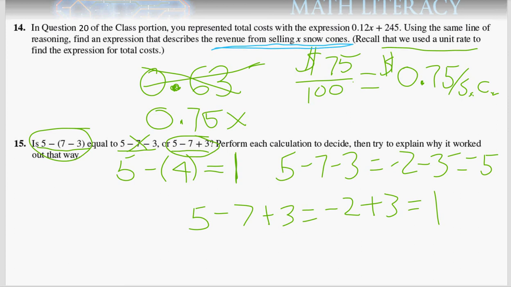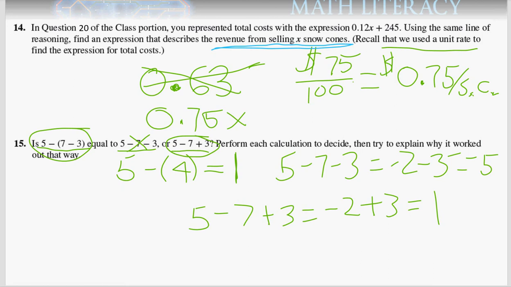So this traditionally is a very difficult problem for people because you can't really do a calculation and you can't write down a number, which is what people are used to doing in math. But it's actually easier. When you're selling X snow cones, you don't know what the answer is because you don't know X. But you can write an expression.